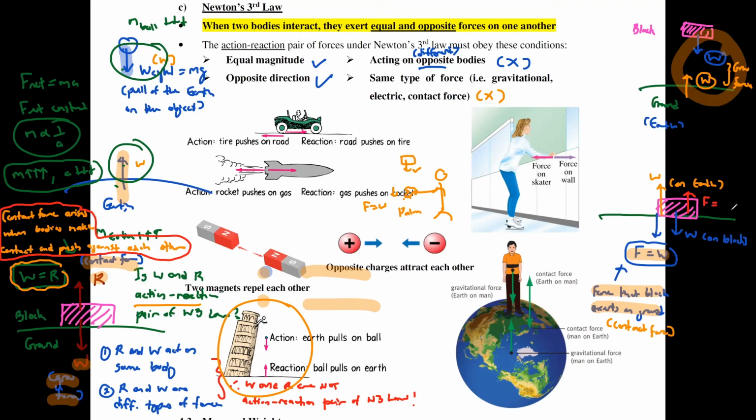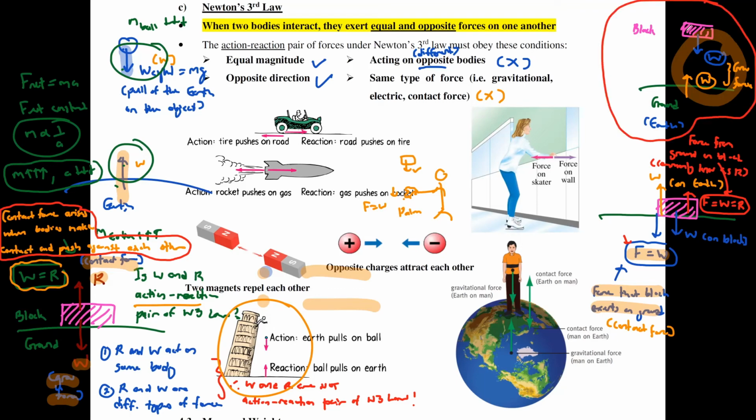That force is this force, which is equal to W, which is what you know as R. This is the force from ground on block. This one is what you commonly know as R, your normal reaction force.